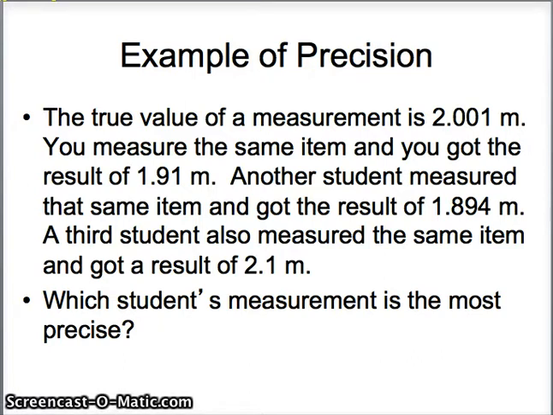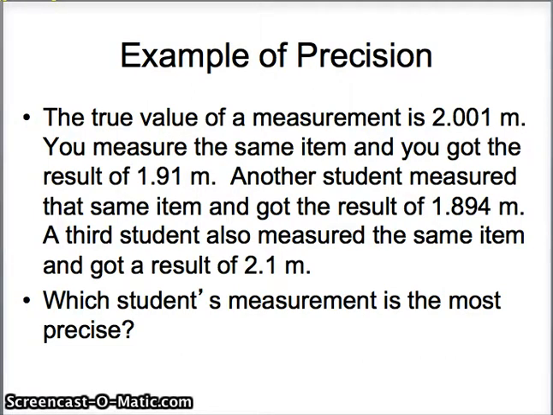If you had guessed that you were also more precise, you would be wrong. In fact, the more precise something is, the more digits that measurement can be carried out. So 1.894 meters is basically the more precise measurement. So a measurement could be more precise but less accurate. That's kind of a conundrum, and kind of confusing.